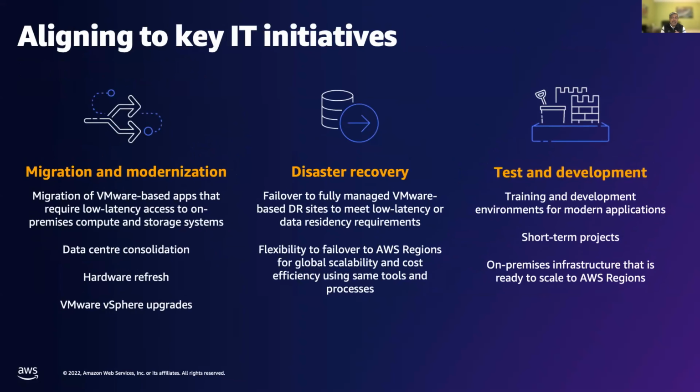Aligning to key IT initiatives. That is super important, because you want to make sure that whatever your customers or organizations are doing, and these are kind of very typical buckets of activities that are happening. There's either some sort of migration happening, there is modernization of the applications and the infrastructure happening, disaster recovery, right?